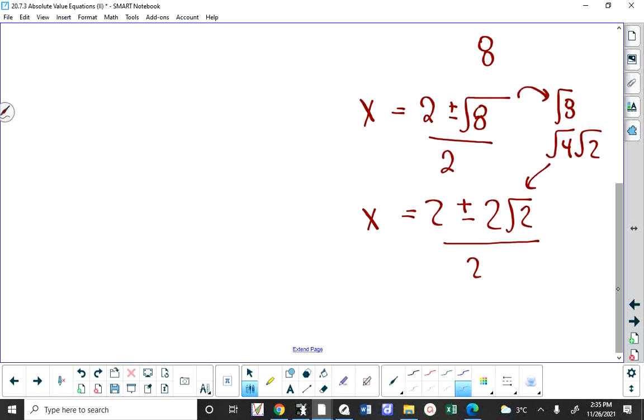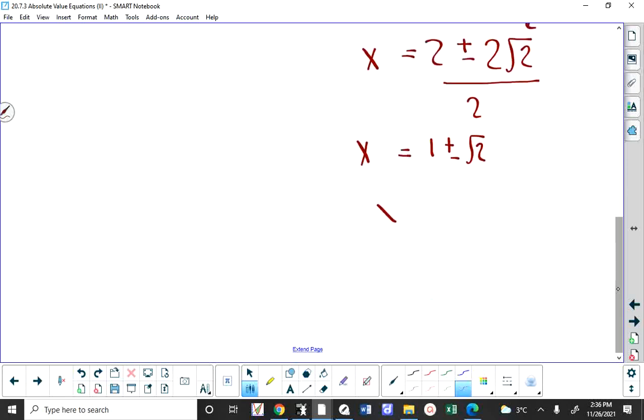In other words, factor a 2 out of the top and cancel it with the bottom, which leaves us with x equals 1 plus or minus root 2. Which is two answers. x equals 1 plus root 2, and x equals negative 1 plus root 2.